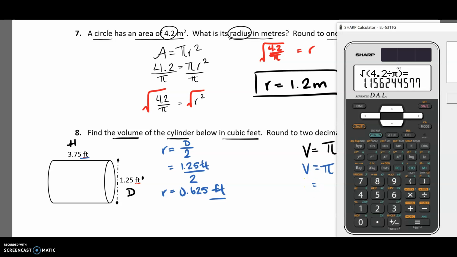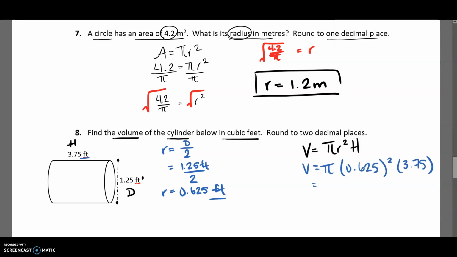In my calculator, again, use the pi button, times 0.625 squared times 3.75 equals 4.6019, or rounded to 2 decimal places, 4.60 cubic feet. So my volume is 4.60 feet cubed.